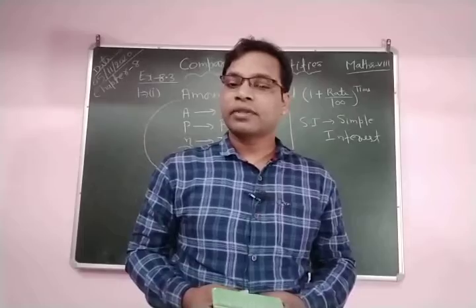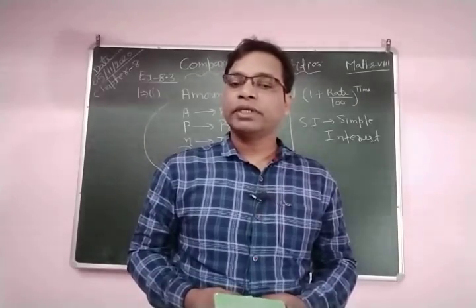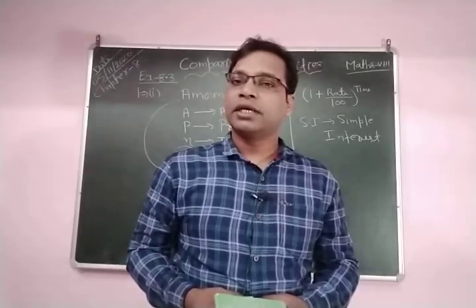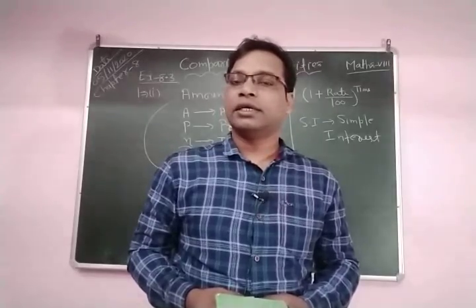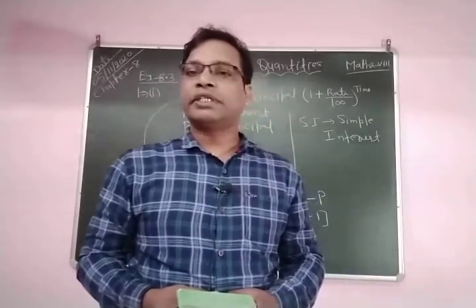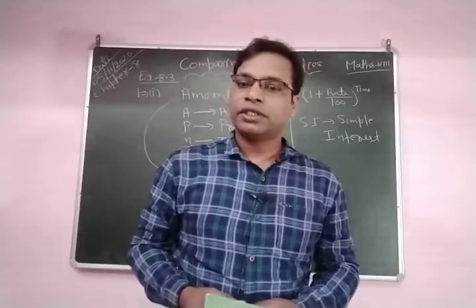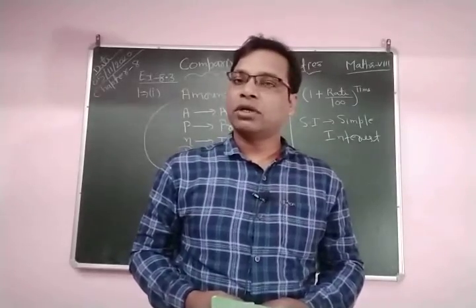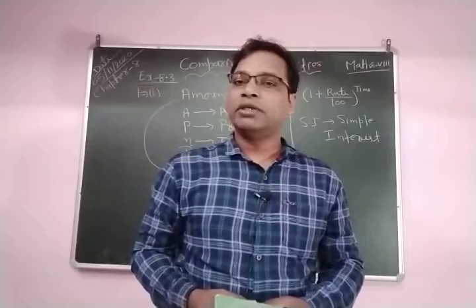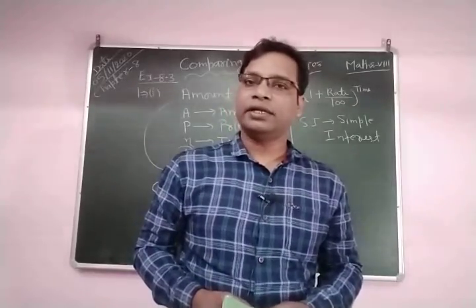So principal is 10,800 rupees, time is 3 years, and rate is 12 and a half percent per annum compounded annually. Let's see how to calculate the amount and compound interest on the given principal, time and rate.